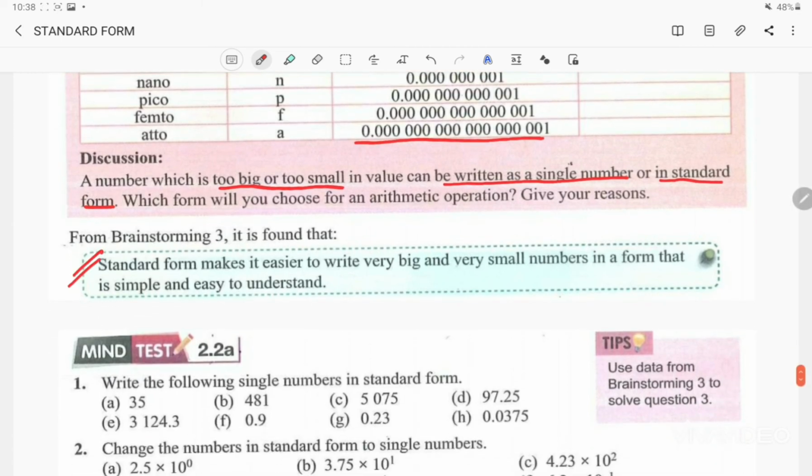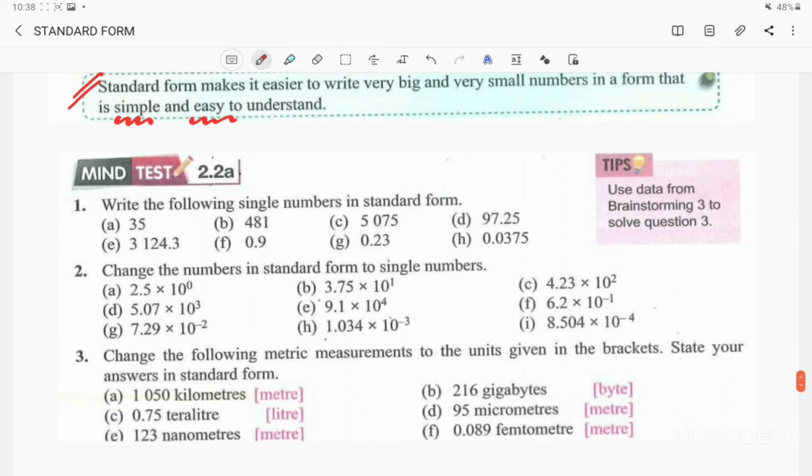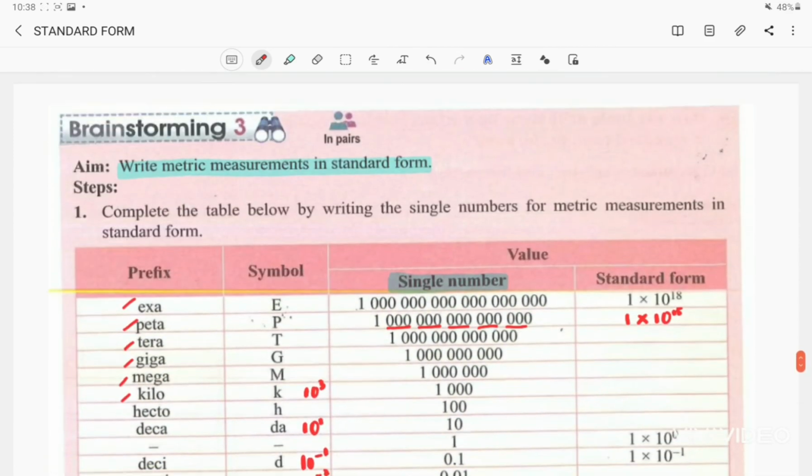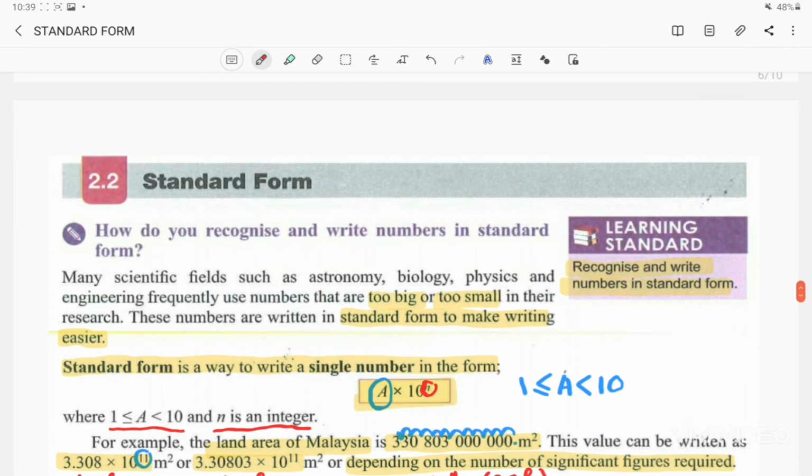Because standard form makes it easier to write very big and very small numbers in form that is simple and easy to understand. Look at our learning standard today: recognize and write number in standard form.